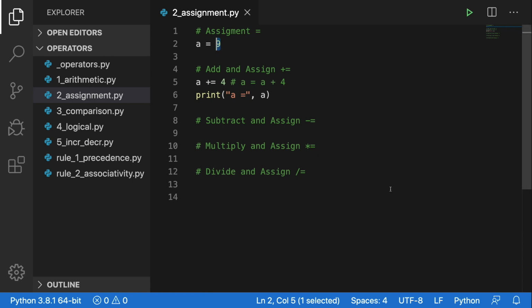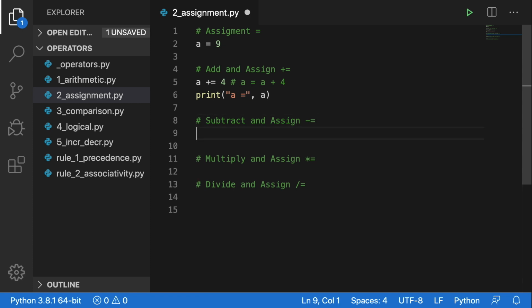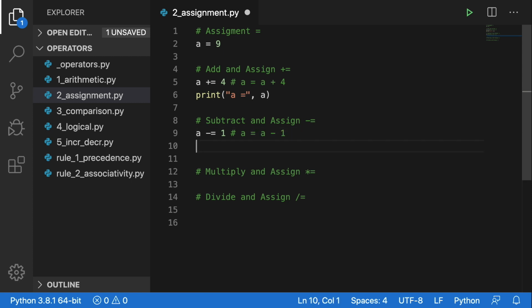That's great. Let's move on to our next one, the subtract and assign operator. This is the operator. It subtracts 1 from a and then makes an assignment. So now the value of a is 13 here, so 13 minus 1 is 12.